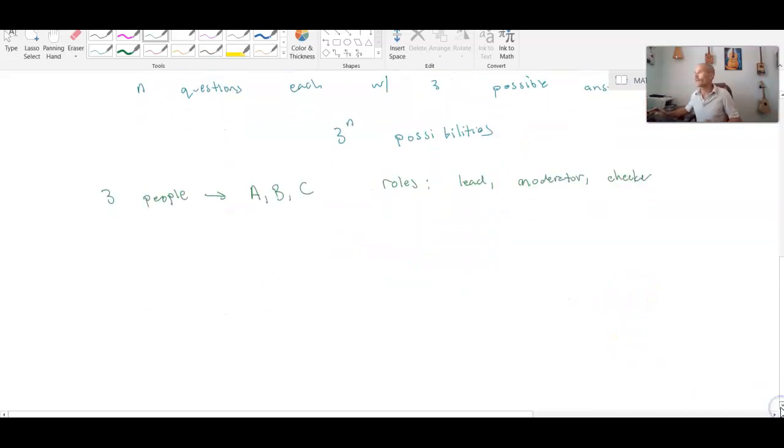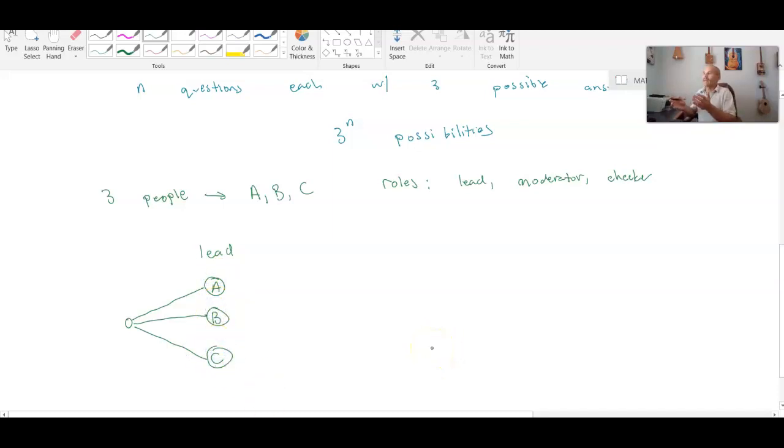To count this, we have to remember that at each branch, there's going to be 1 fewer possible people to fill that next role. So we're assuming here that a person can't be lead, moderator, and checker at the same time. So in this context, if I imagine that each branch represents the type of role, so let's just say this first column will be the lead. Well, person A could be the lead, person B could be the lead, or person C could be the lead. So those are our possibilities for the lead.